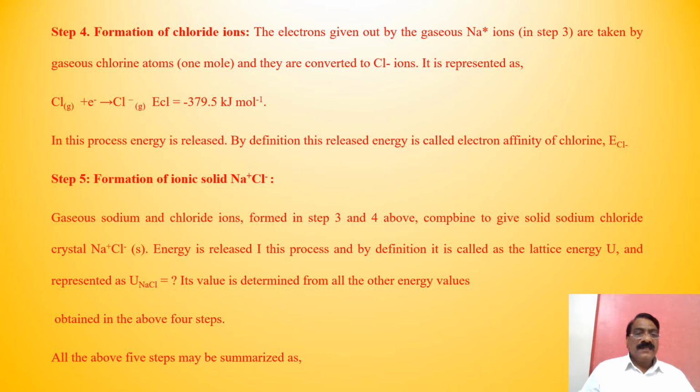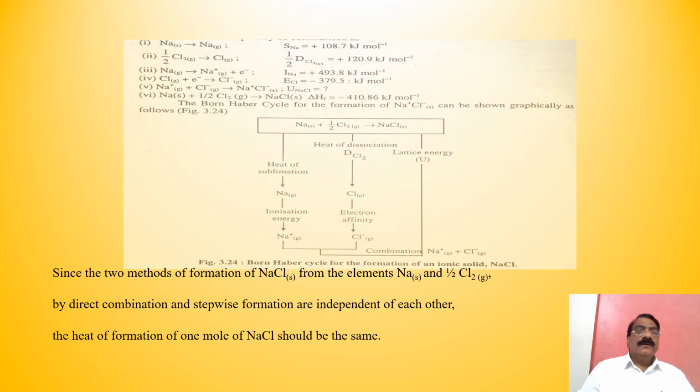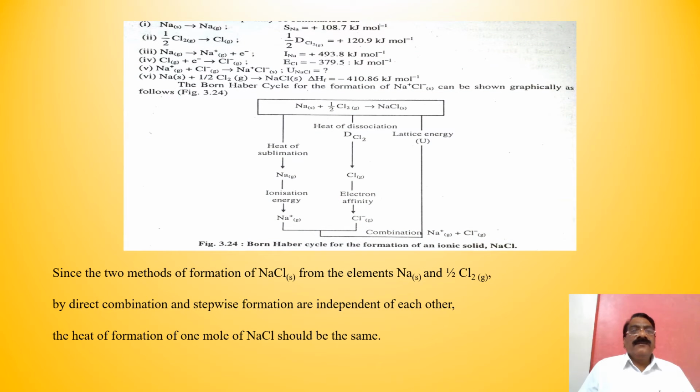All the above 5 steps may be summarized here. See in the figure, in the first step, Na solid gets converted to Na gaseous. Here SNa is equal to plus 108.7 kilojoule per mole. In the second step, half Cl2 gas gets converted to Cl gas.